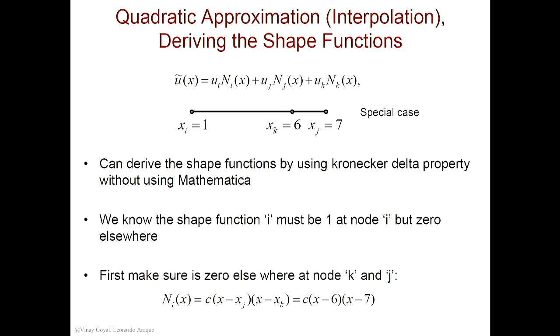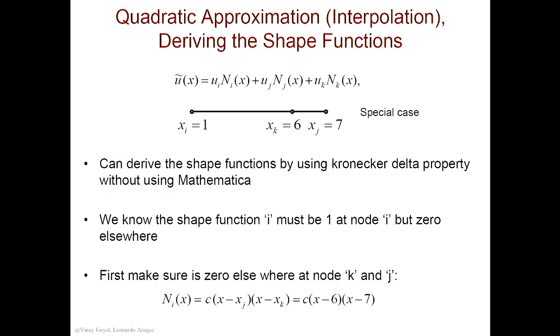So if I plug in these values in my shape function, I must have an x minus 6 and an x minus 7, right? I have to have that so that those go away. So the very minimum you see here for shape function I already know is x minus 6, x minus 7. Everybody agrees. And if I plug in the value of x at 1, what do I get there?